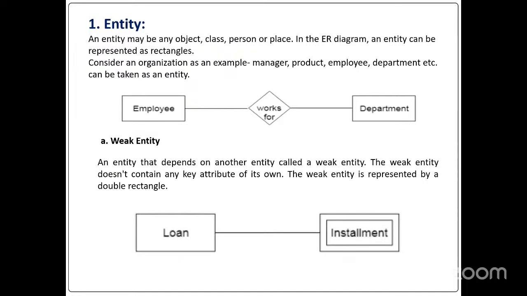Is it clear? What is weak entity? An entity which is dependent on another entity. Here, installment is dependent on loan. Next slide.